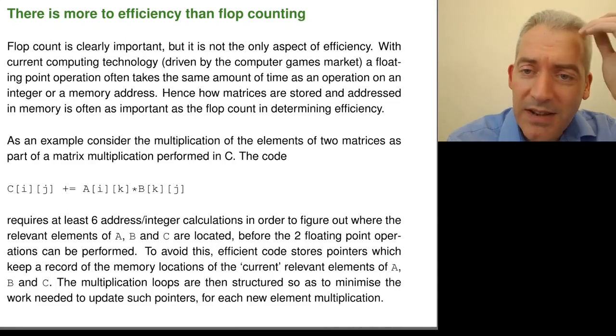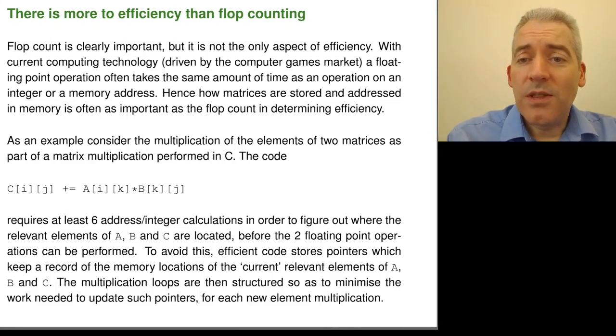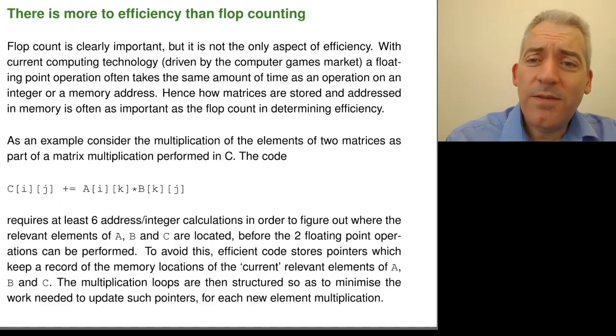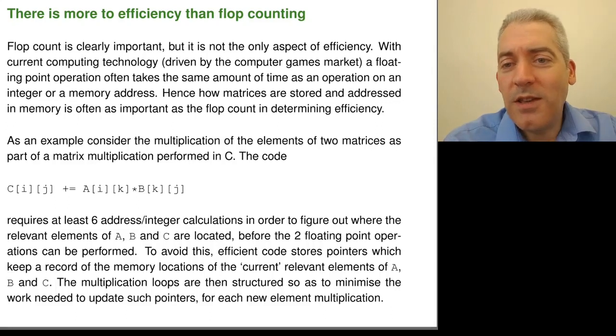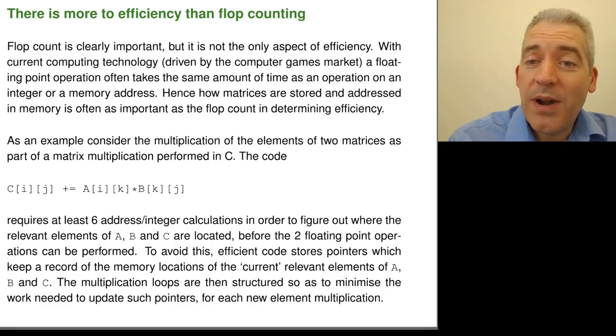So I mentioned in passing that the fastest method of computing the trace involved the fewest number of flops, but it did involve transposing a matrix, and that's not necessarily a cheap operation either, right? So that's an example of something that would be easy to ignore, but actually really matters.